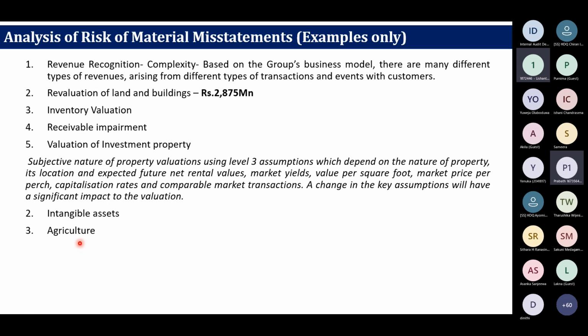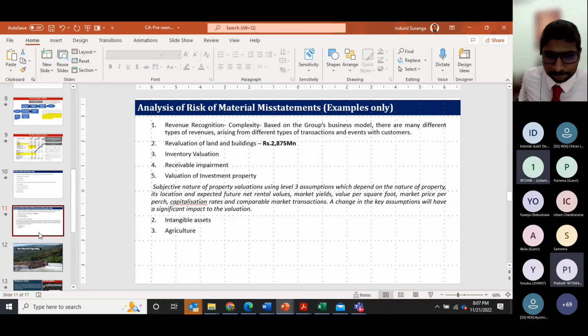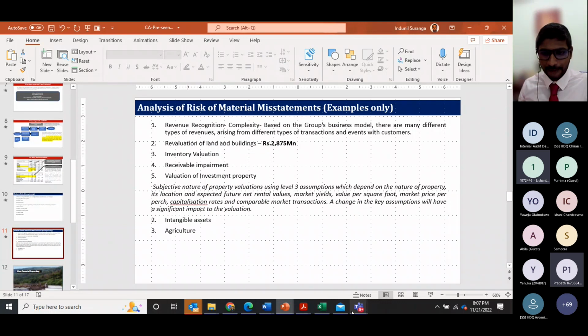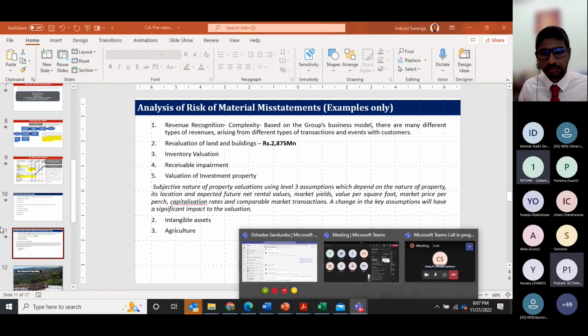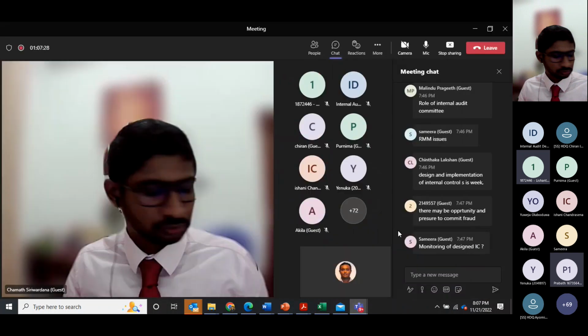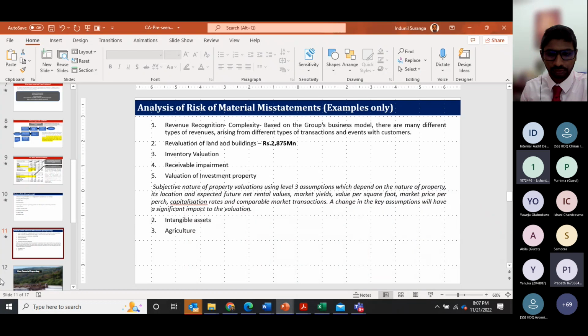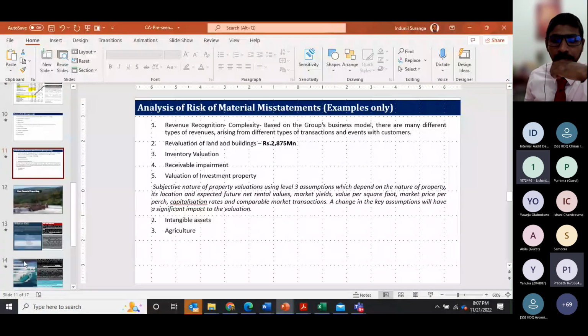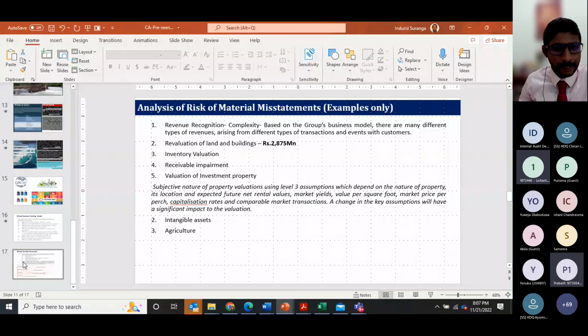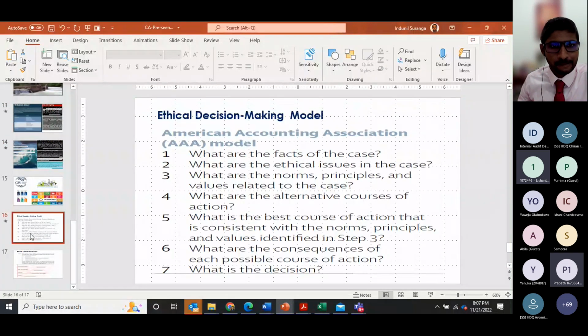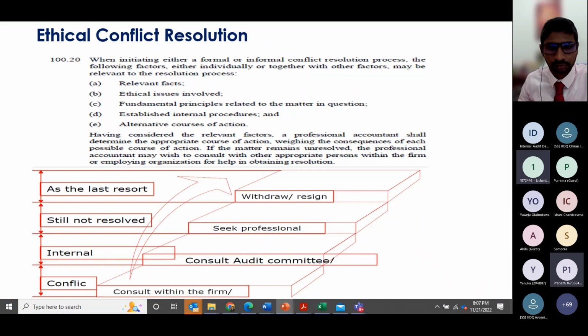So I think with that, Chamath, let's see whether students have any questions. I already touched upon non-financial reporting at the start. And one more thing I want to tell you before I conclude: one more thing I want you to prepare is ethical issues. I don't want to discuss in detail, but see the application of the AAA model or our code of conduct.